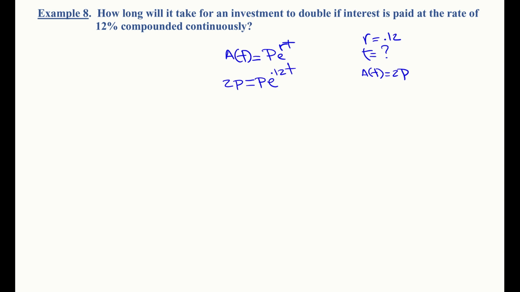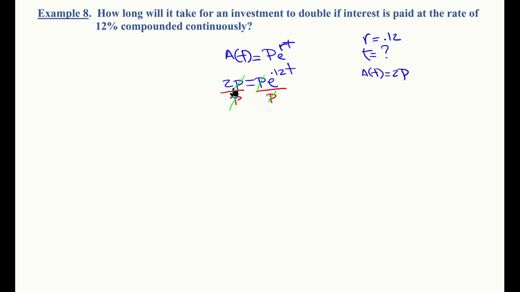You have p on both sides, so you can go ahead and divide it off, and this is precisely why we didn't have to have the initial amount. Notice that this problem could have easily said, well, how long will it take for $100,000 to double? And you would have had what? You would have had 100,000 here and 200,000 here, and you would have been able to divide both sides by 100,000.